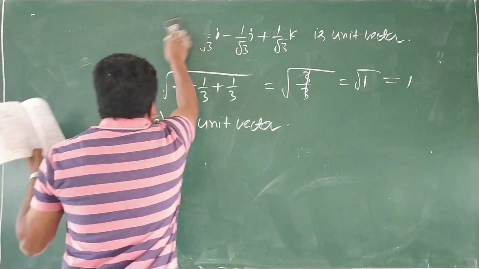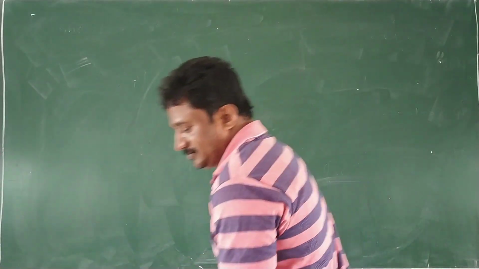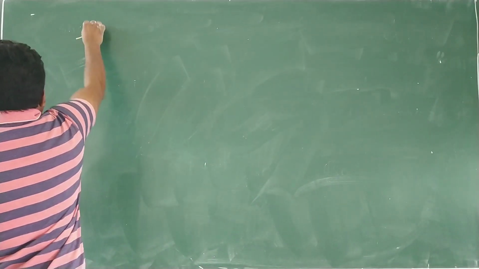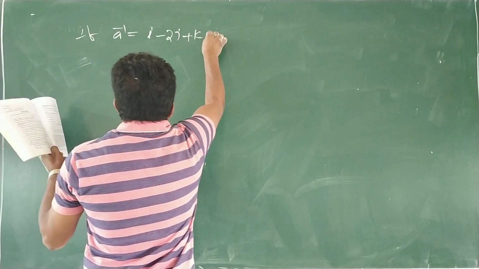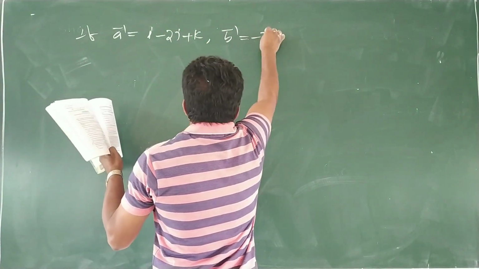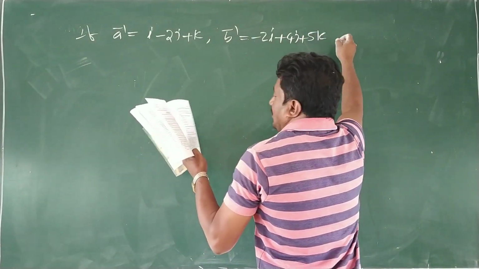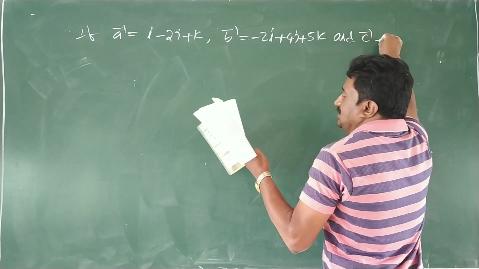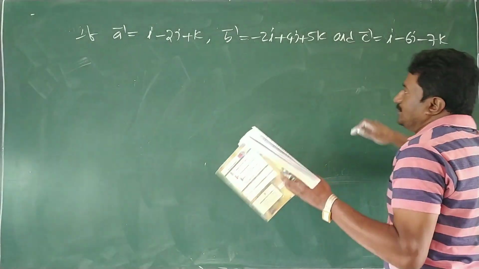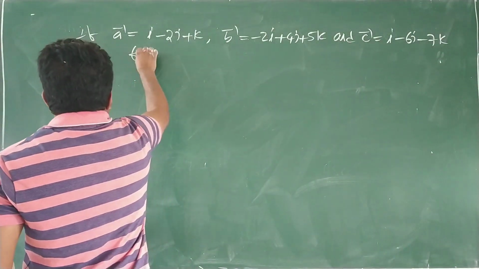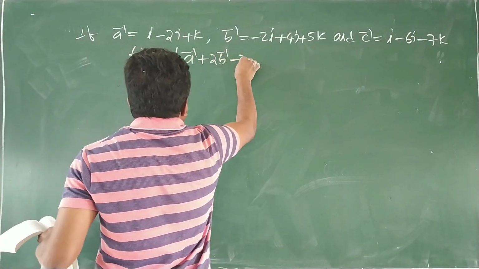If vector A equals i minus 2j plus k, vector B equals minus 2i plus 4j plus 5k and vector C equals i minus 6j minus 7k, find the magnitude of A plus 2B minus 3C.